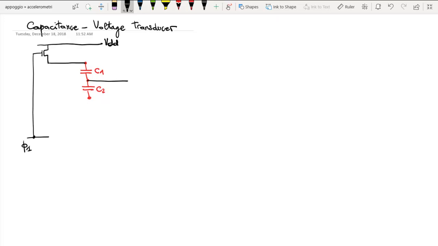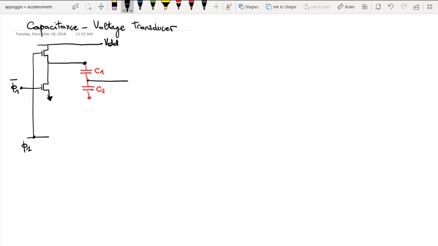So what we do is the following: the top node of C1 can be connected to VDD or to ground, by the signal phi1. So these are NMOS transistors, so they can be considered as switches. When the voltage applied to the gate is high, the switch is on.